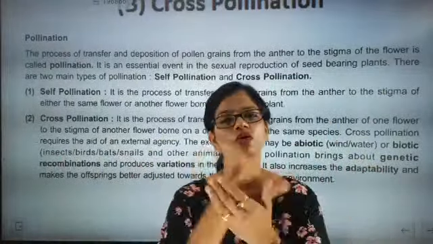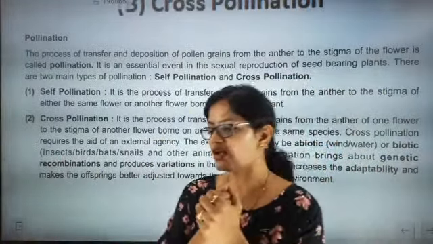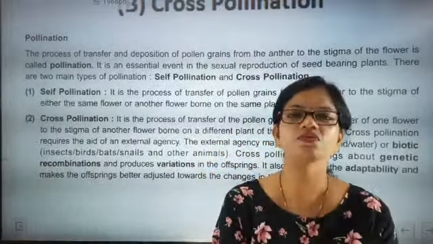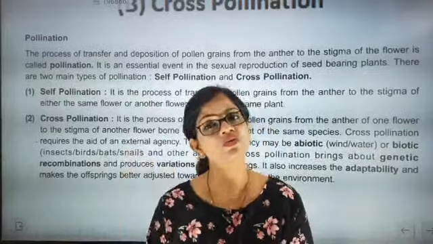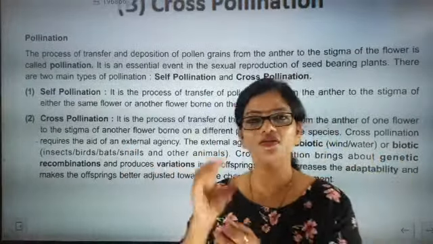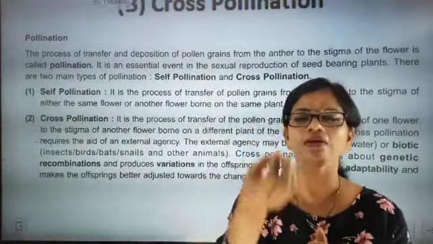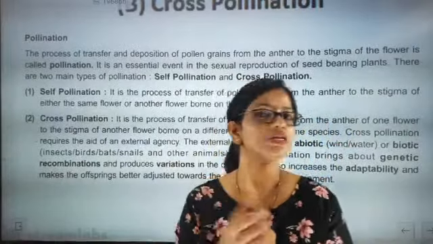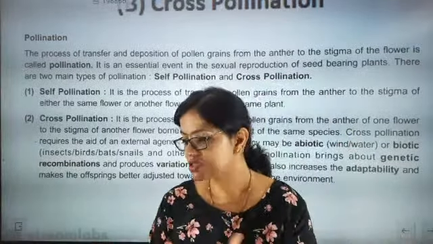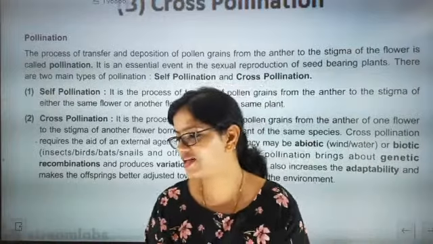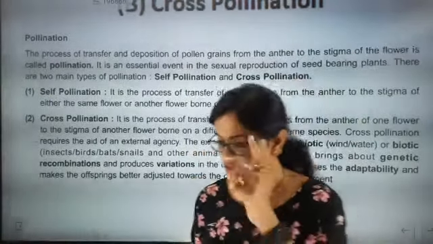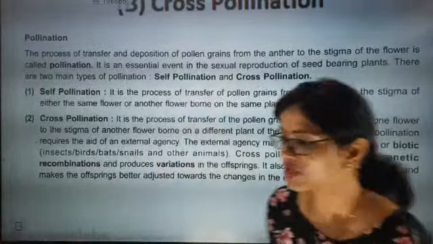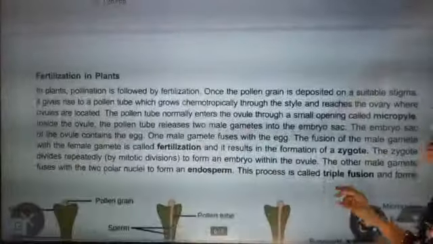When cross-pollination is done, the seeds obtained will give a new mango tree where the size will be slightly bigger and the fruit sweeter. So like that, variations can be there, absolutely correct beta. So this is a very important point to be noted: variation is a very important factor.